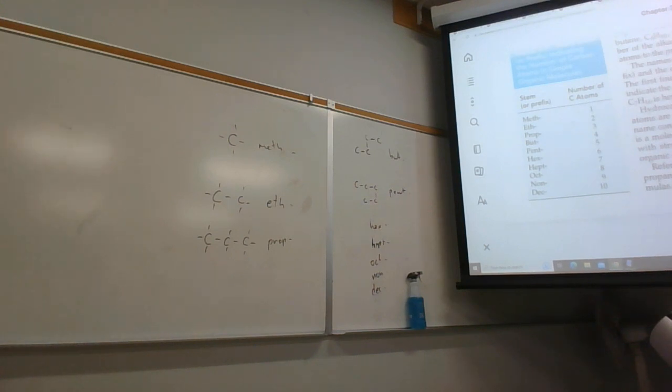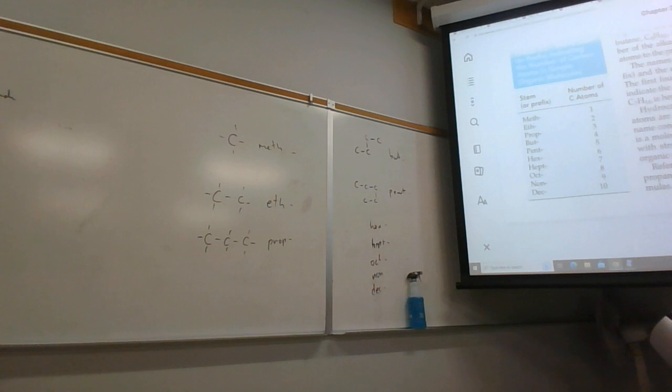There are three endings that we have for hydrocarbons. We have an ane ending, all single bonds, and then the rest is hydrogen. Then we have the ene ending. The ene ending is a double bond.